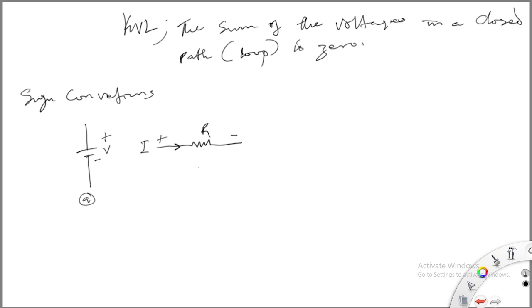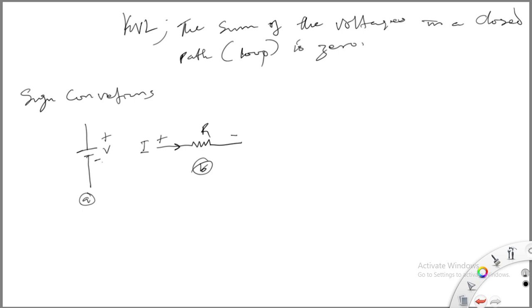This is R, let's say this is B. Alright, let's consider this battery source V here, which is in figure A. The battery source is marked with both positive and negative signs.